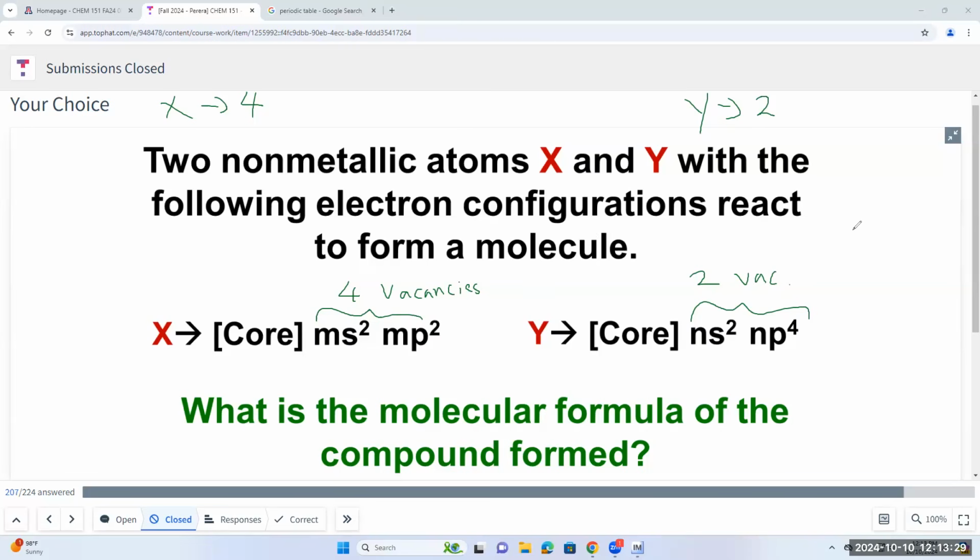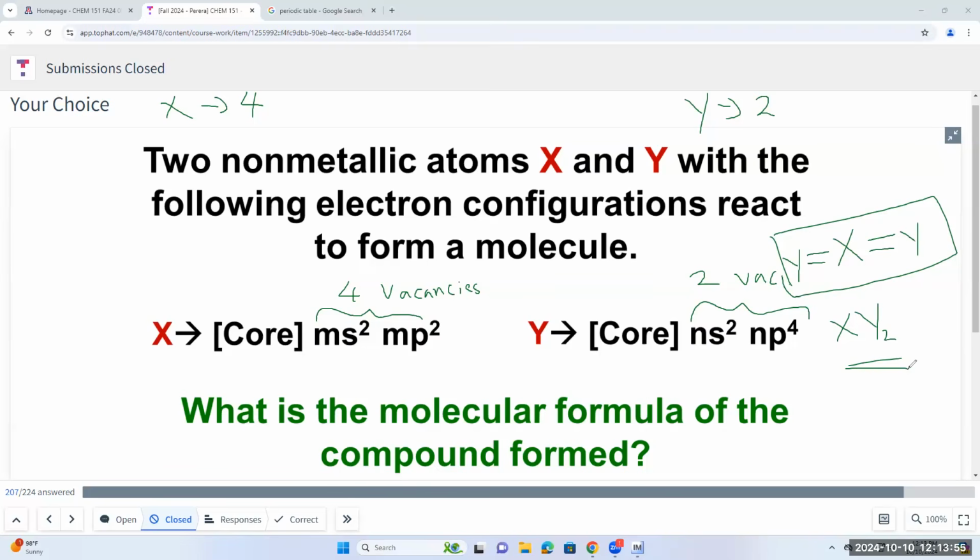If you combine them, we can have X in the middle, and if you bond it twice to a Y like this, and twice to another Y like this, this will give us the structure of this compound, and it has a formula of XY2. Done. That's it.